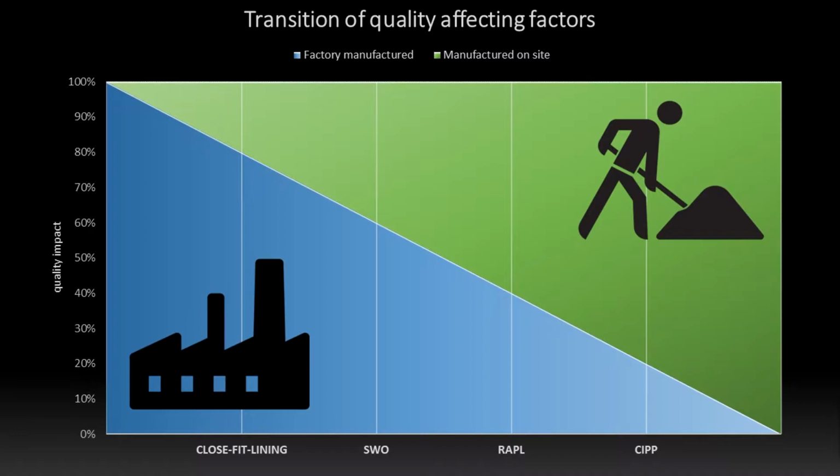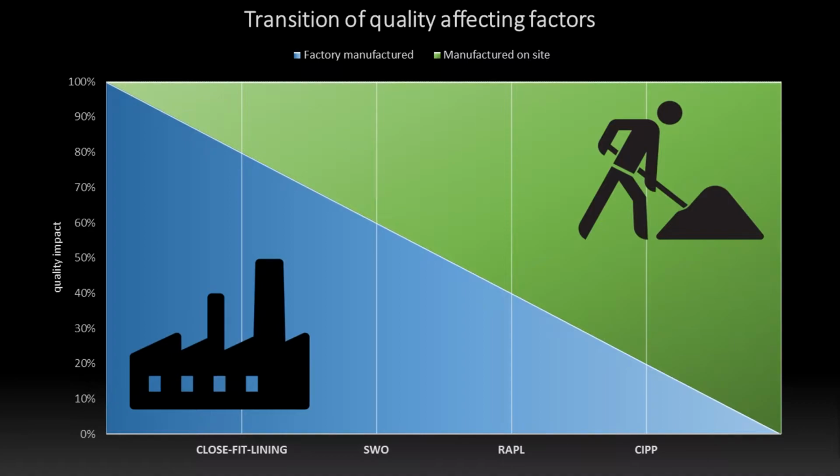This graphic shows the transition of quality affecting factors between the factory and the job site. It means the more of the final product is produced in the factory, the more of the quality affecting factors are given there, like close fit lining, where the pipes are pre-manufactured in the factory.